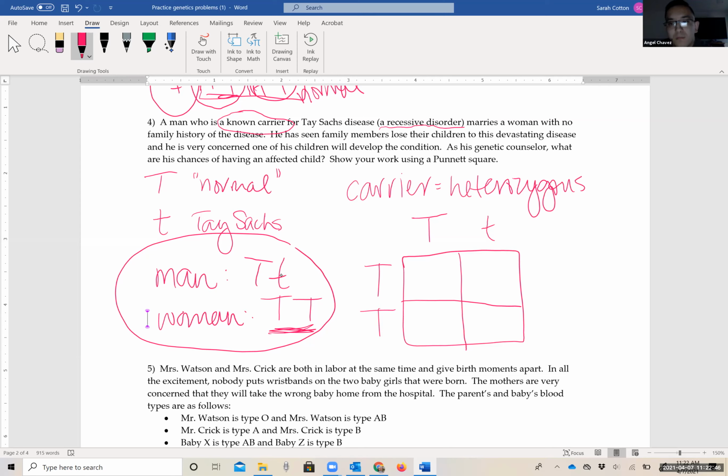Okay. So let's fill down first and then across. It doesn't really matter what order you do it in. That's just how I do it. And then across, T, T, T, T. Okay. So then you will notice, as I mentioned, that the top row and the bottom row are identical, right? So that's why we don't need it.